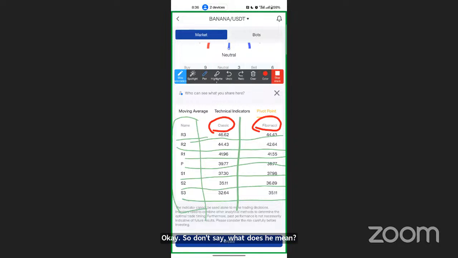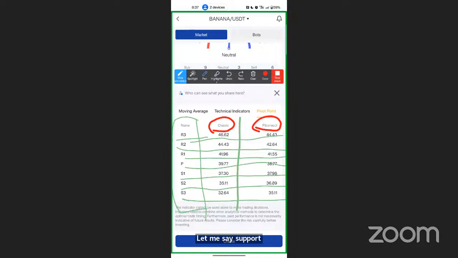So we have classic and we have Fibonacci, okay? Fibonacci and classic. What is the difference? The difference is in how the two are calculated.